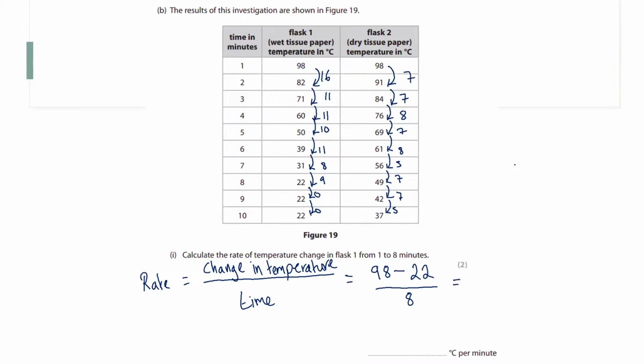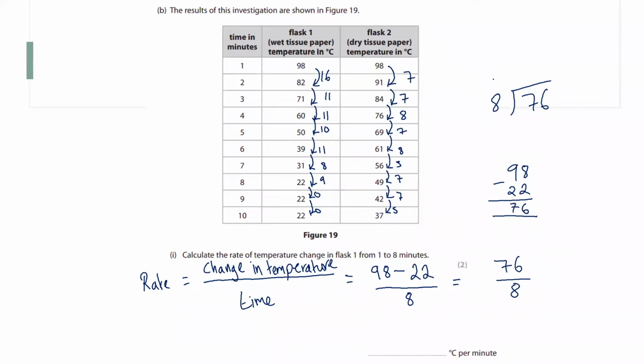So 98, 22. So 76. Quite a big change, isn't it? So you have 76 over 8, and so we're going to do a bit of maths practice here. 8 doesn't go in any, does it? So we've got to get a calculator out to do this.